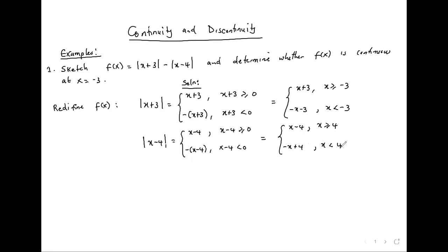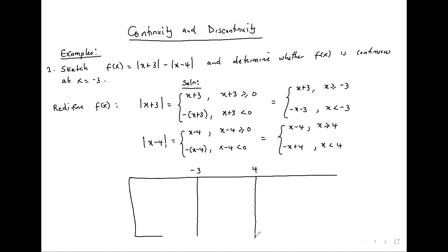So now we are using these two numbers to give us the table, negative 3 and positive 4. This is where the table is going to come from.